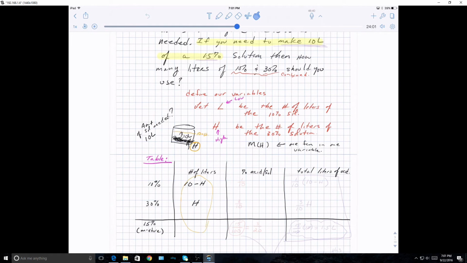Well, this is 30%, so that's just 3/10, right? And what is the percentage for the 10%? That's just 1/10. You could use the decimal equivalents, but it's easier to use these in the end result.